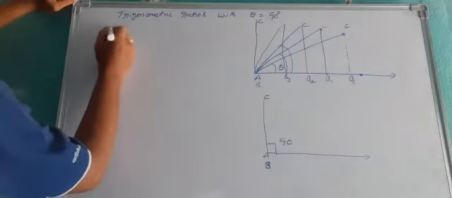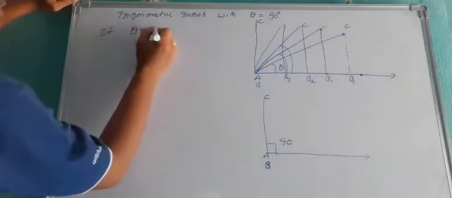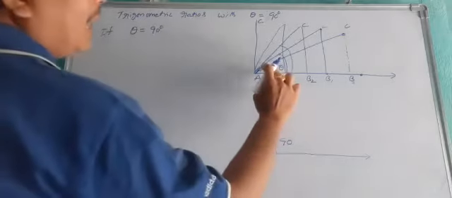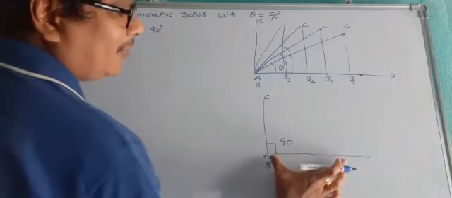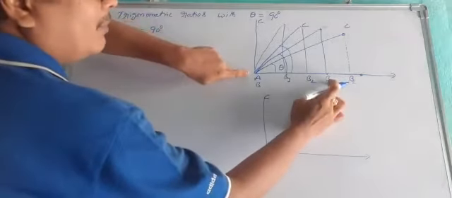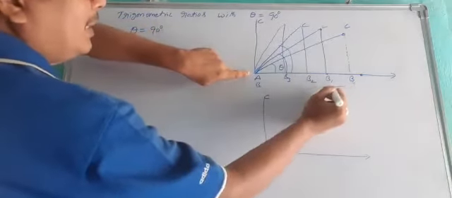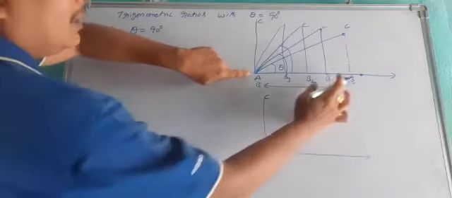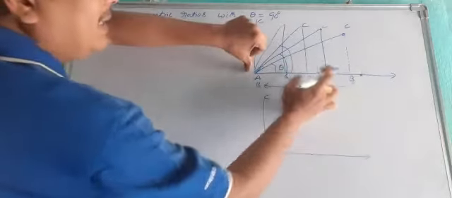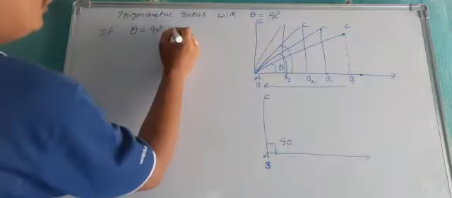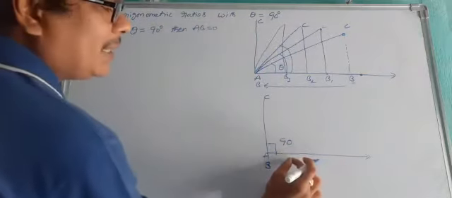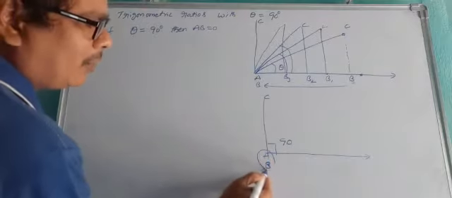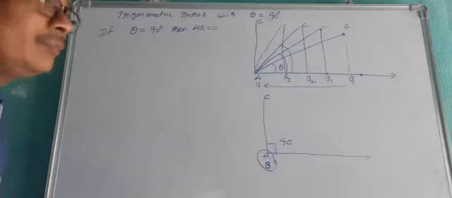If theta equals 90 degrees, the angle at A equals 90 degrees, and as B reaches A, the length of AB becomes zero, because A and B coincide with each other.